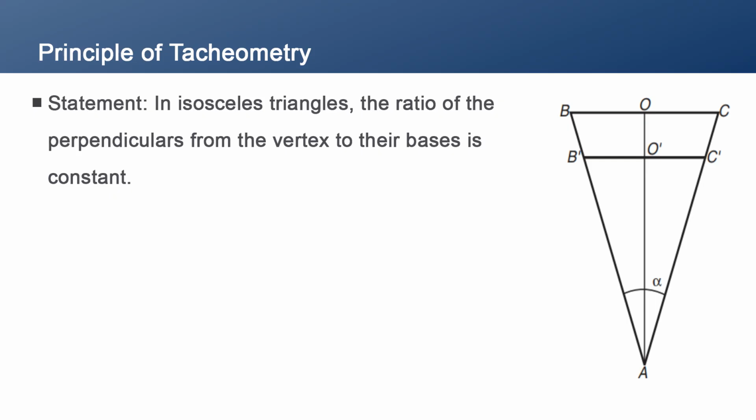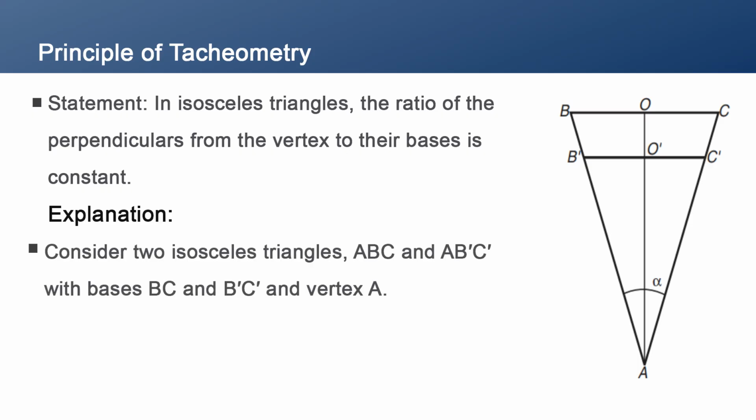The principle of tacheometry is grounded in a key geometric relationship involving isosceles triangles. The principle asserts that in isosceles triangles, the ratio of the perpendiculars drawn from the vertex to their bases remains constant. To understand this, consider two isosceles triangles ABC and AB'C' as shown in the figure.